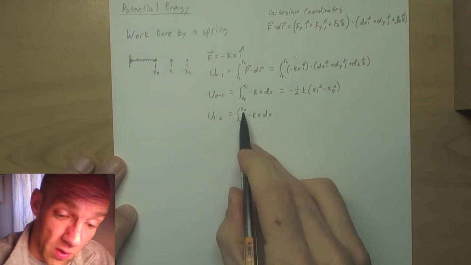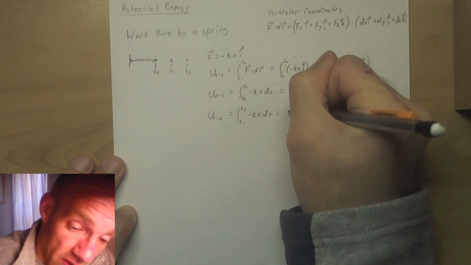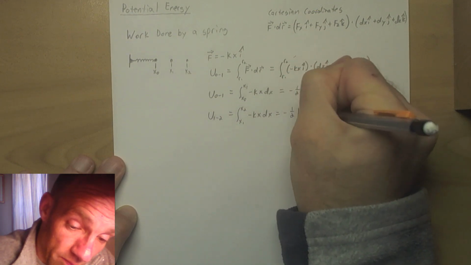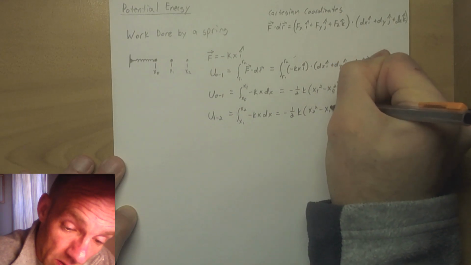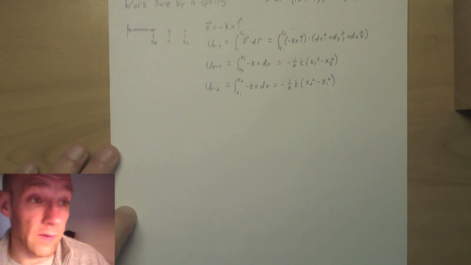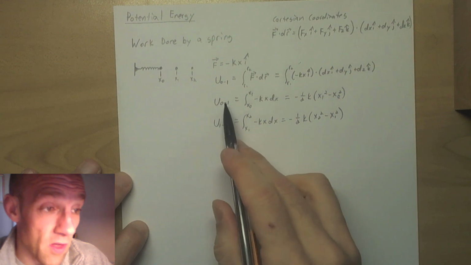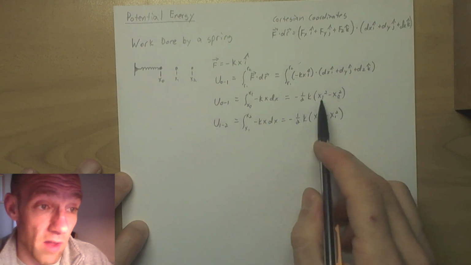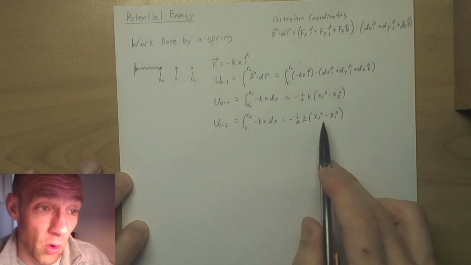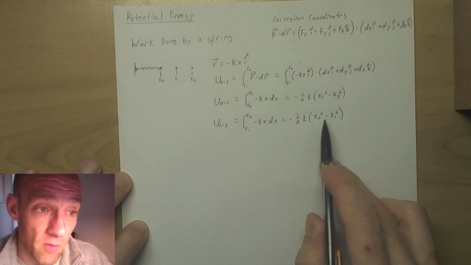Now we're going from x1 to x2. So now this is, okay. So we did this much work to stretch the spring from x0 to x1, and then we do this much work to stretch the spring from x1 to x2.